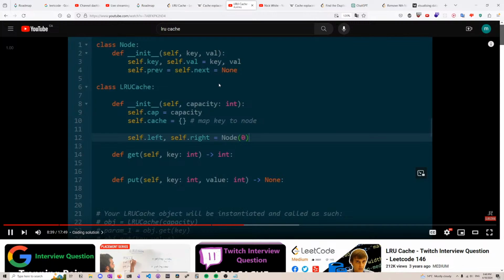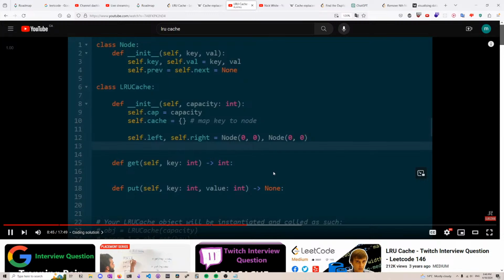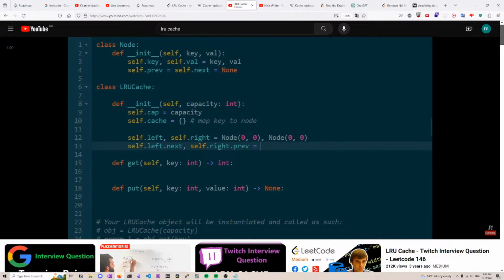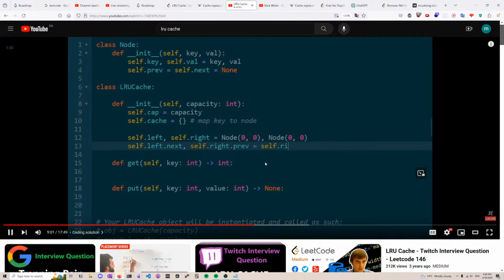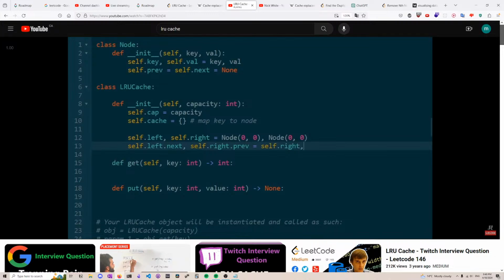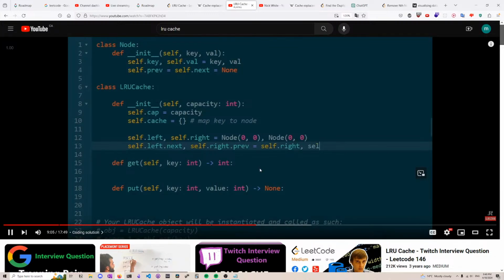So we can just initialize these to 0 for the default values, so 0, 0. And initially we want these nodes to be connected to each other, because if we're putting a new node, we want to put it in the middle between left and right. And we can do that with some pointer stuff. So left.next is going to be right, and right.previous is going to be left.